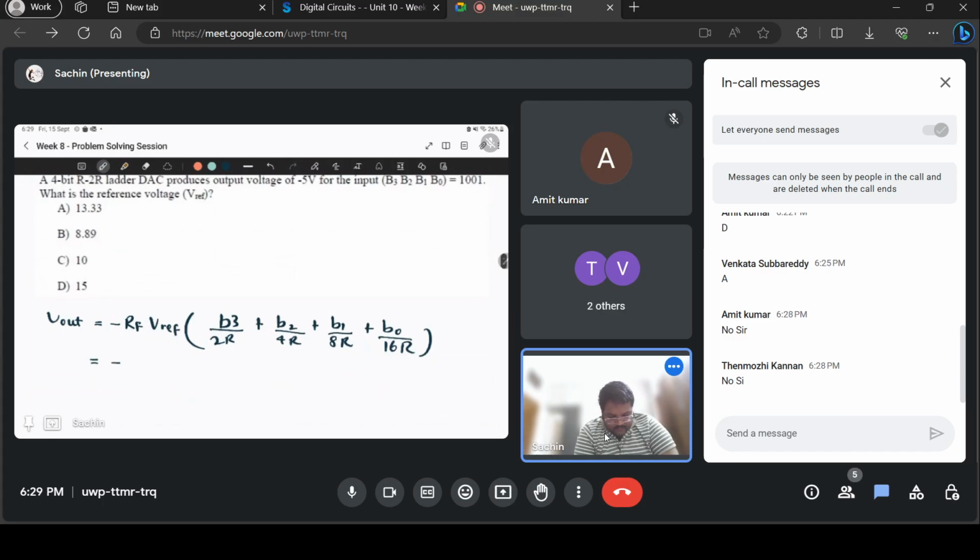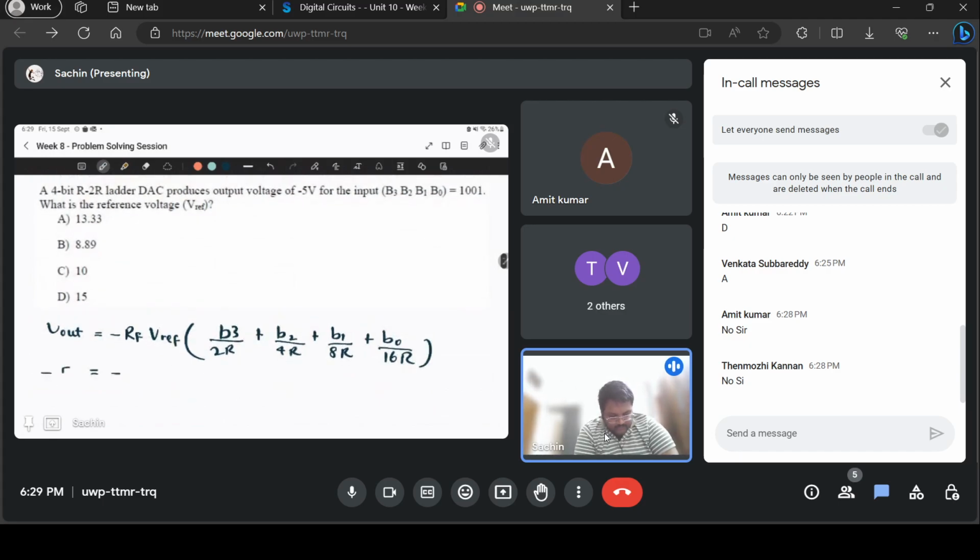Given V out is minus 5 volts, you have to find Vref.